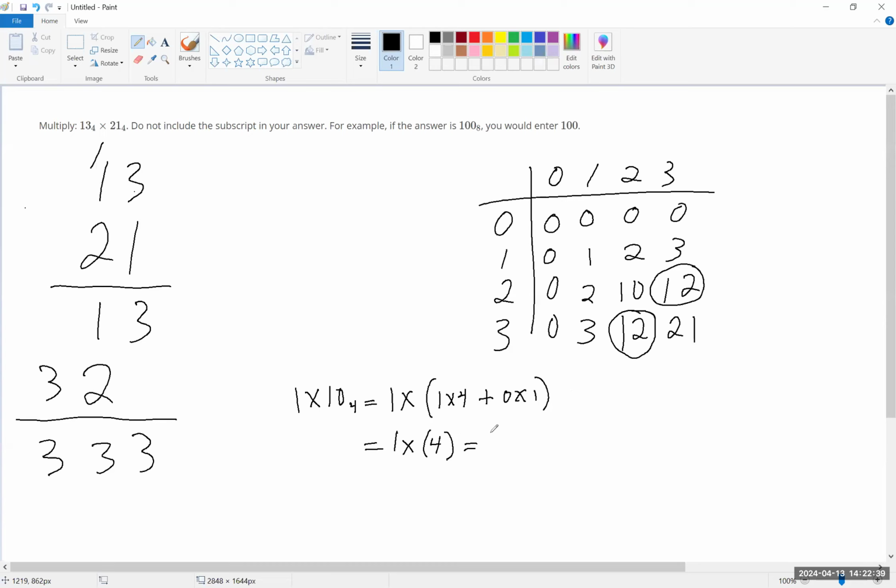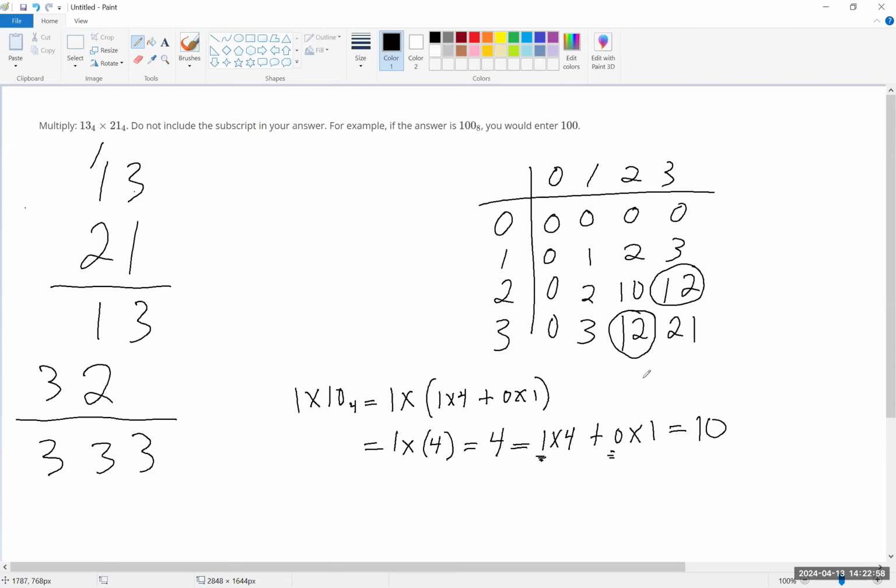And so that's a 4 in base 10, but a 4 in base 10 is 1 times 4 plus 0 times 1, which leads me to 1, 0.